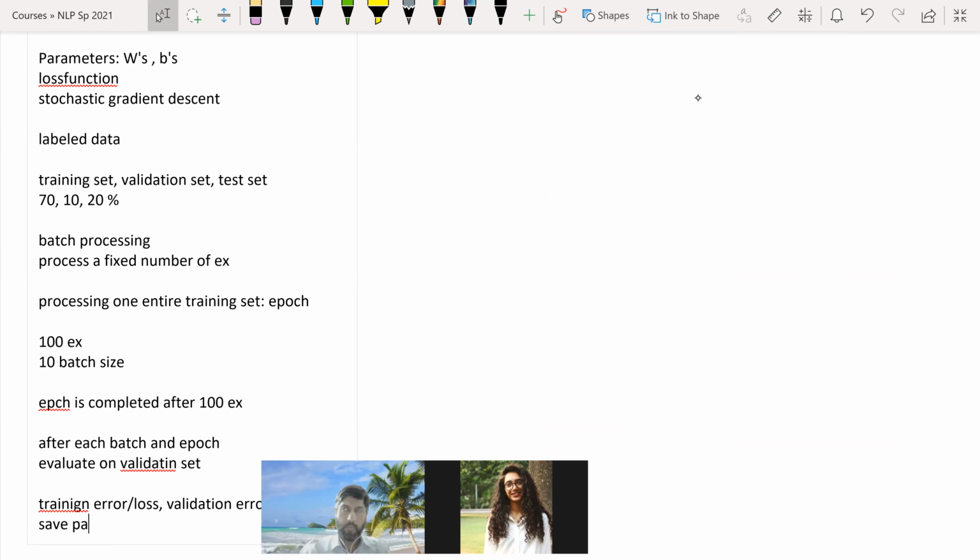So just to make sure that if you want to return to some previous epoch, you have that model available with you.